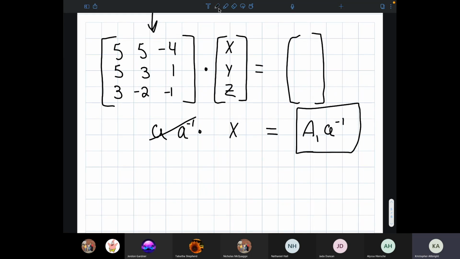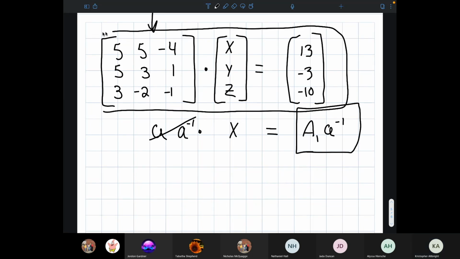They're on the other side of the equal sign. So we have 13 here, negative 3 here, negative 10 here. So all I'm going to do is type this exact long problem into Symbolab, and I'm going to see what it gives me. It could give me the right answer, it could not, and if it doesn't, I'm going to show you how to mess with it and make it give you the right answer.